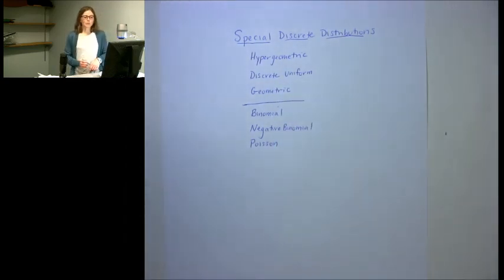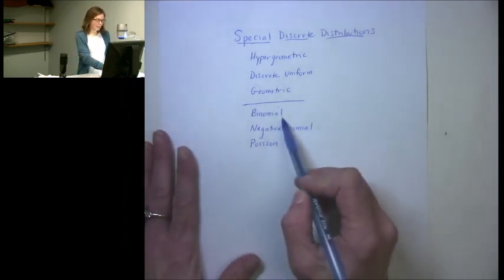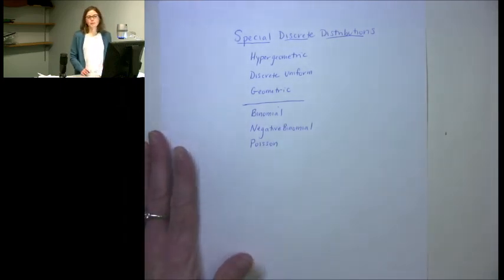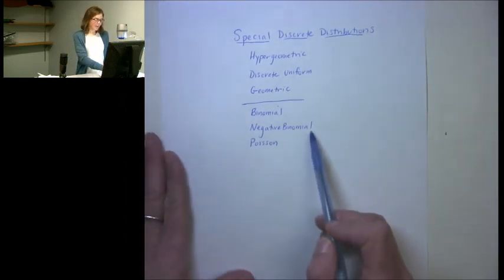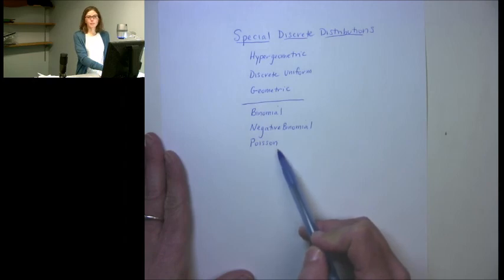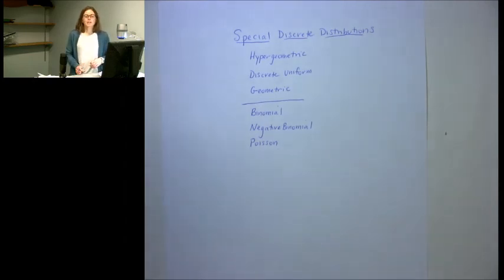Next week's module is going to focus on 3 more special distributions that can be used in certain situations with discrete random variables. One of them is the binomial, which some people have probably seen before in STAT151. Also the negative binomial and the Poisson distribution. These are all presented in separate sections in this book, so we'll cover 3 short sections in the next module.